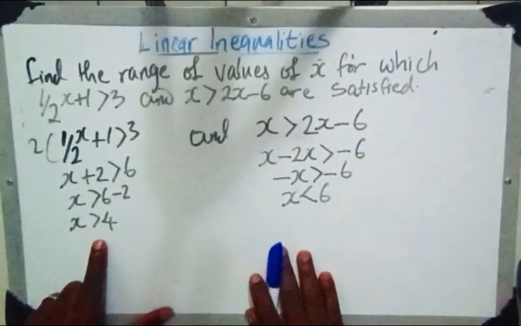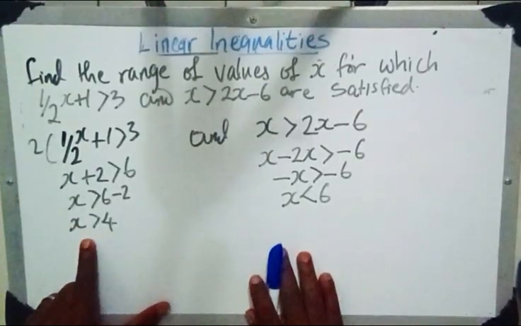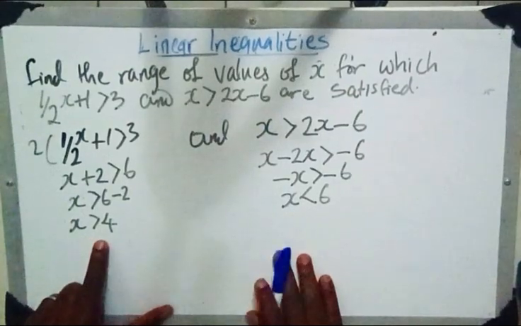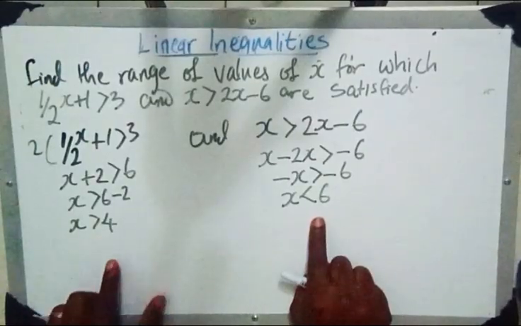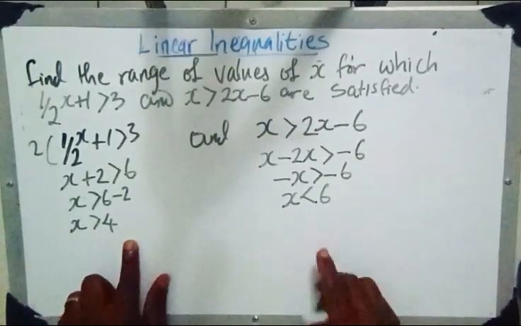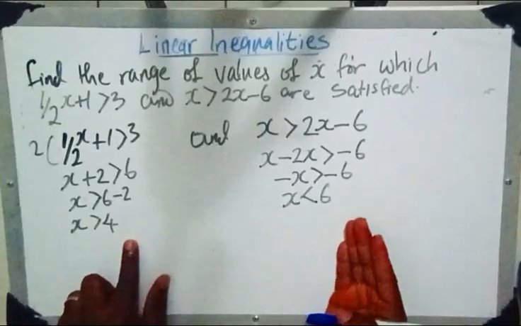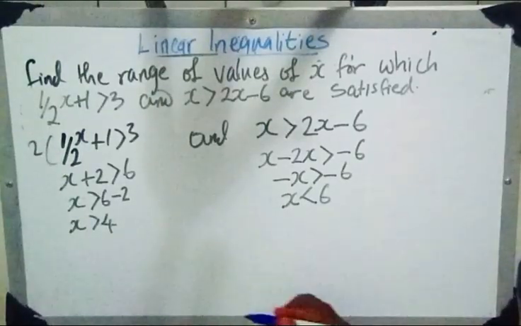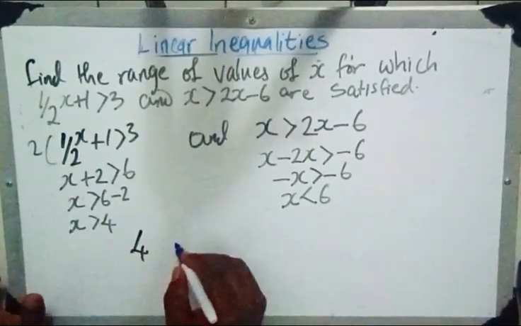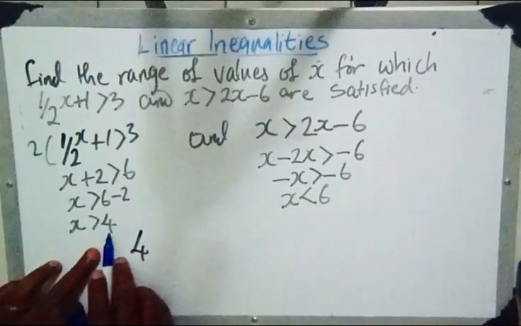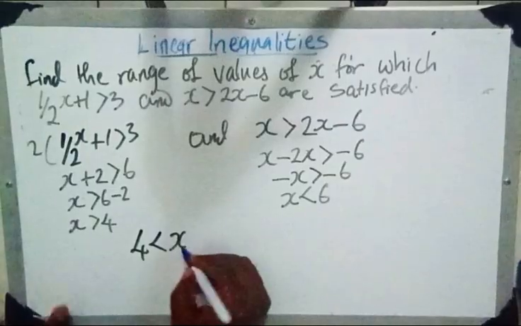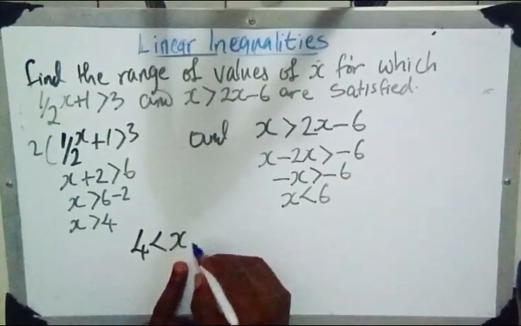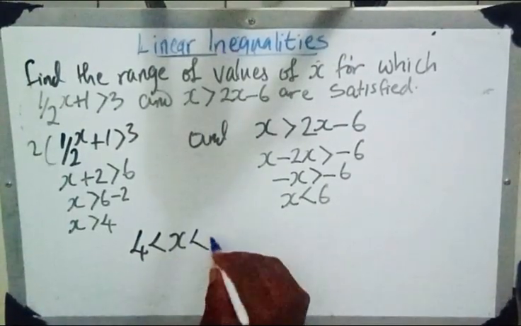Now you can take note from here that x is greater than 4. But here x is less than 6. So that makes it easy, which means that x started right after 4 and it ended right before 6. So if x is greater than 4, it means that 4 is less than x, and x in turn is less than 6.